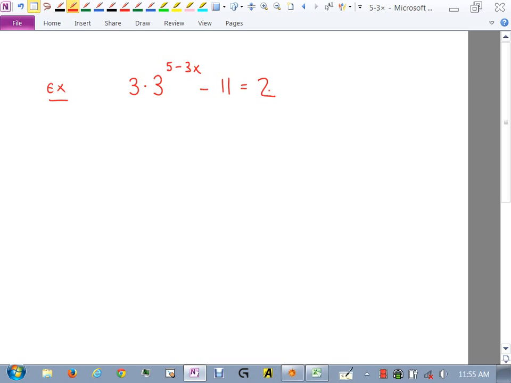I always like to see what people will do with this. Anybody here tempted to turn that into a 9? What does order of operations say? You have to do exponents first, right?